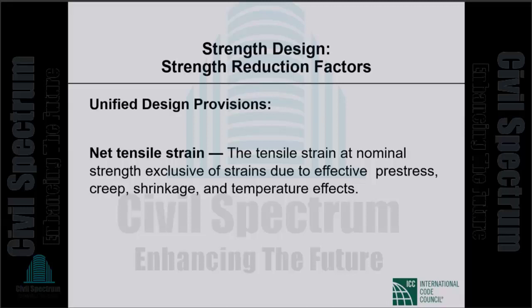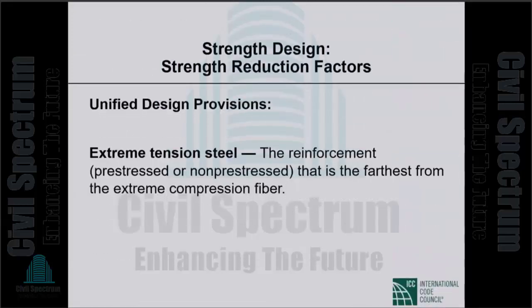We shall not include any strain caused by pre-stressing or creep or shrinkage or things like that. Okay, so net tensile strain is the strain in the tensile reinforcement corresponding to a strain of 0.003 in the extreme compression fiber of the concrete.